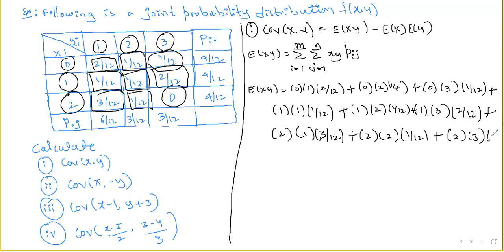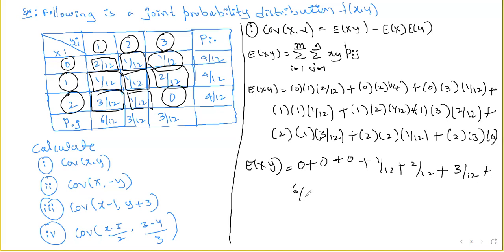So now expected value of xy is equal to 0 plus 0 plus 1 by 12, 2 by 12, 3 by 12, plus 6 by 12, plus 4 by 12, plus 0.